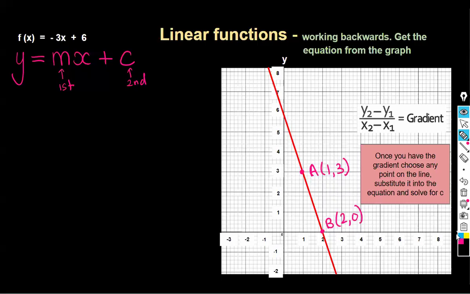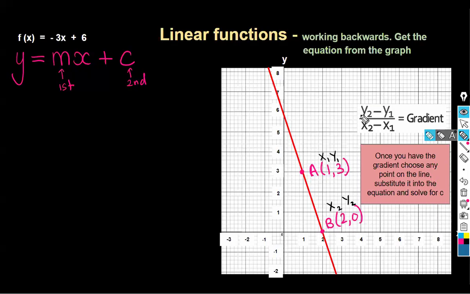Obviously, I won't be able to satisfy everybody's points, because everybody's going to choose 2 different points. Because I choose A first, I'm calling this X1 and Y1. And if I choose B second, it's going to be X2 and Y2. Let me throw it into the formula here.